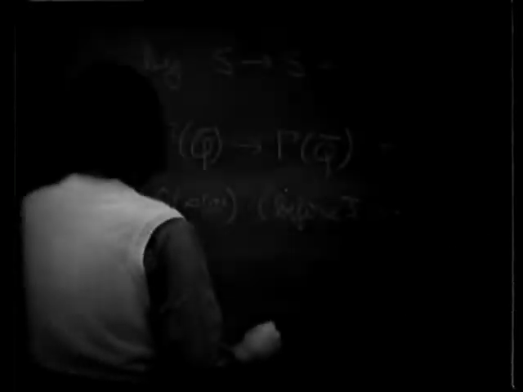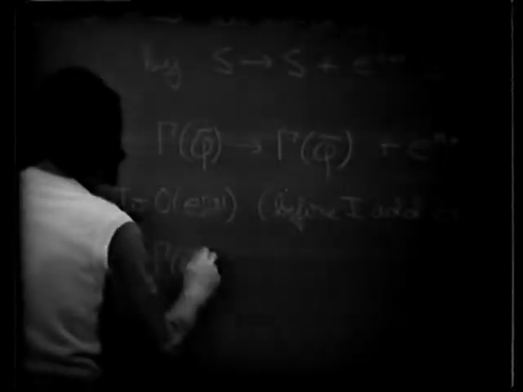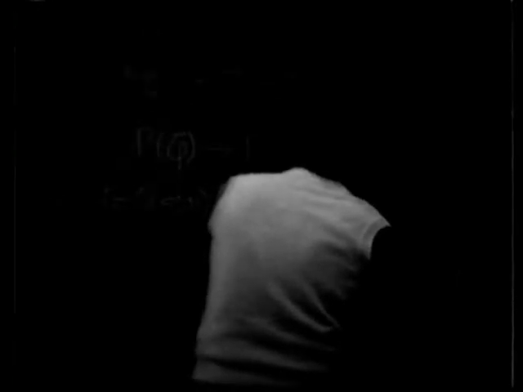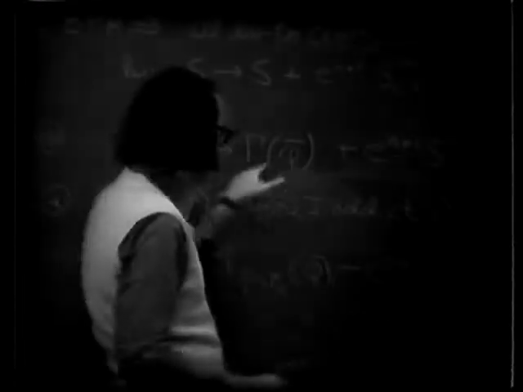Now, staring at this formula, we see for order e to the n plus 1, before I add the counterterms, gamma of phi bar is something finite, independent of the cutoff as the cutoff goes to infinity, minus e to the n plus 1 times the counterterm of order n plus 1 of phi bar, because this theorem says the sum is supposed to be finite.